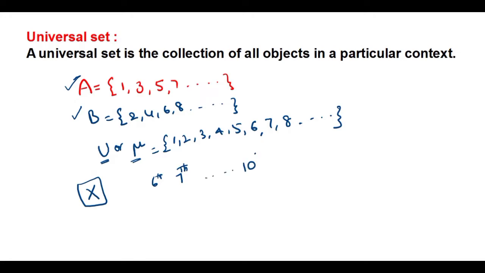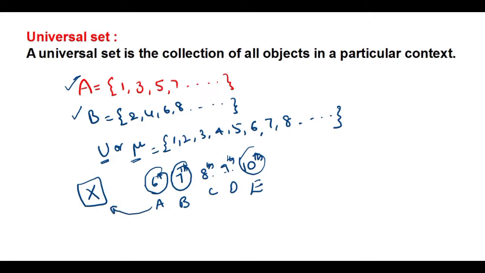So this is the set of the students in the 6th class, set A. The set of the students in the 7th class is set B. The set of the students in the 8th class is set C, the set of the students in the 9th class is set D, and the set of the students in the 10th class is set E. So like that we have 5 different sets, but these all belong to a school, the school named X.